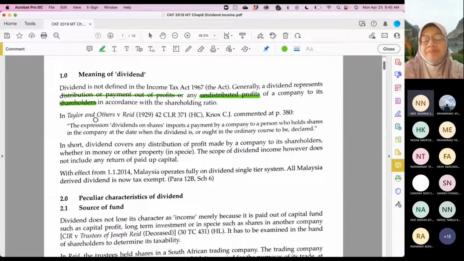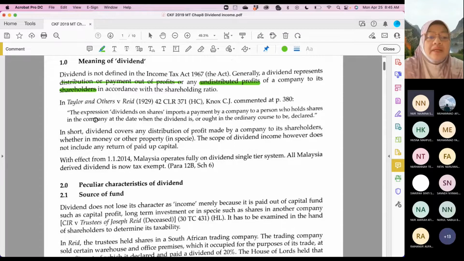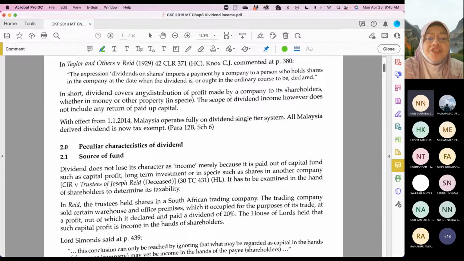How much dividend is paid to the shareholder depends on their shareholding ratio. Normally dividend is paid per share, for example RM1 per share. So if you have 100 shares, you get RM100. It covers any distribution of profit made by the company to its shareholders, whether in money or otherwise.